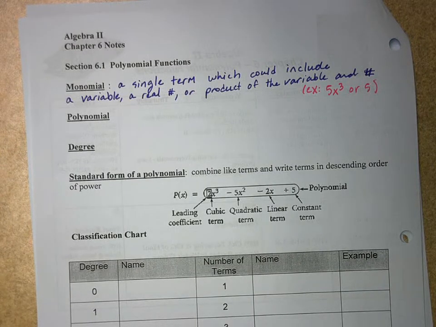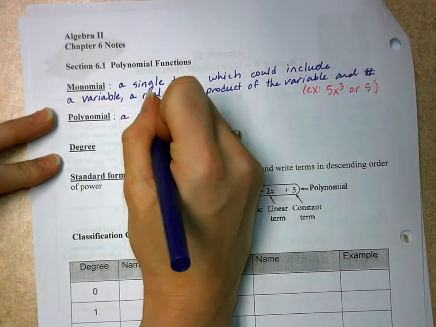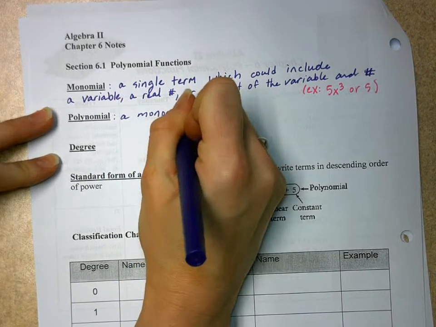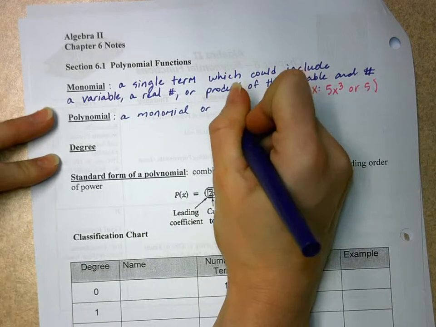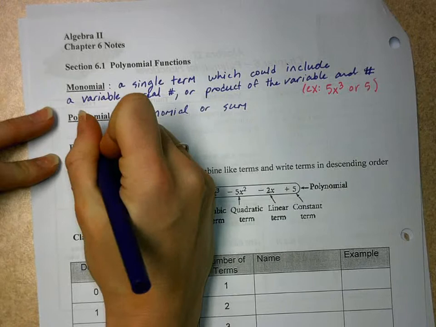Okay, a polynomial then is either a monomial or a sum of monomials. So let's go ahead and let's write that in. It is a monomial or sum, S-U-M, of monomials.